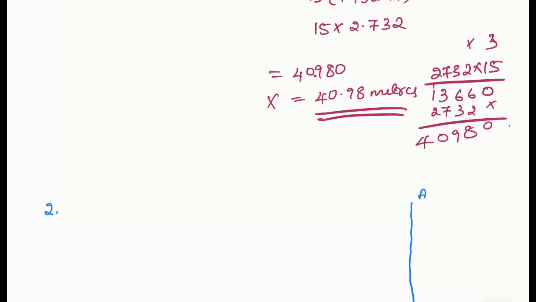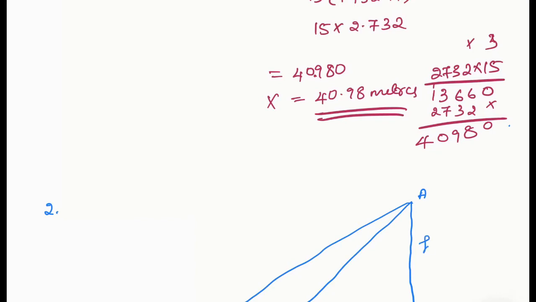So when it is moved away from the tree, initially the angle was how much? It is 60. When we move 20 meters away from that, we get the angle as 30 degrees. So this will be the figure.